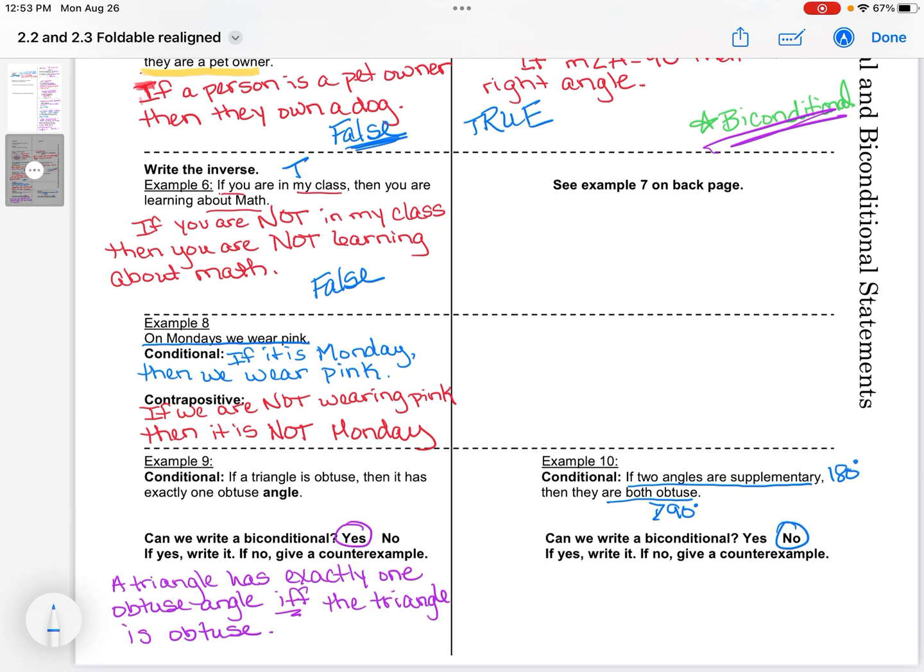So a counterexample would be, and I'm going to draw a picture, because I can. If this angle is obtuse, then this angle is acute. So I have obtuse, acute, counterexample.